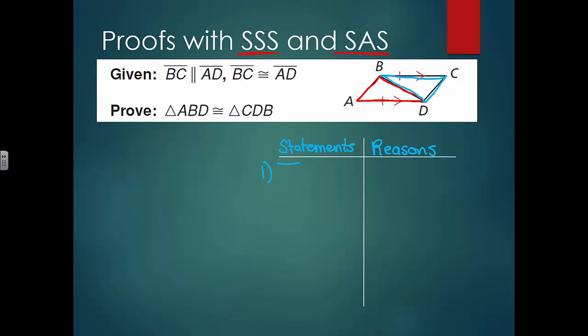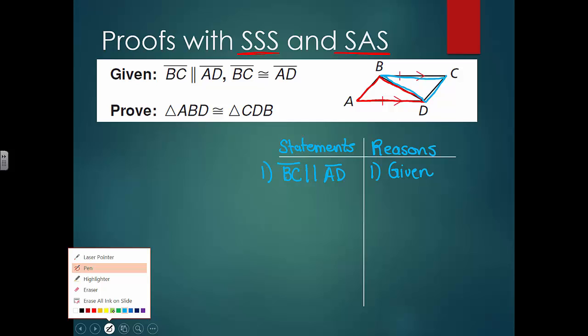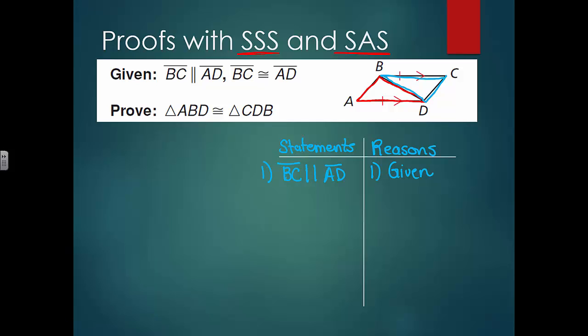So the first thing that I am given is that BC is parallel to AD. Whenever you are given that lines are parallel, 9 times out of 10, the next thing you should start looking for are congruent angles based on one of the postulates from chapter 3. If two parallel lines are cut by a transversal, then some angles have to be congruent. In this case, this angle in my red triangle is congruent to this angle in my blue triangle.